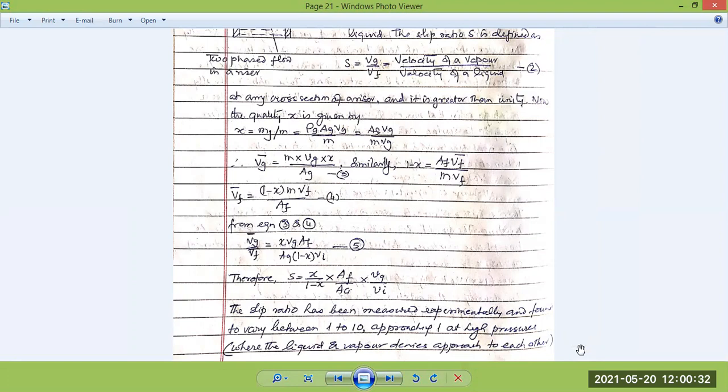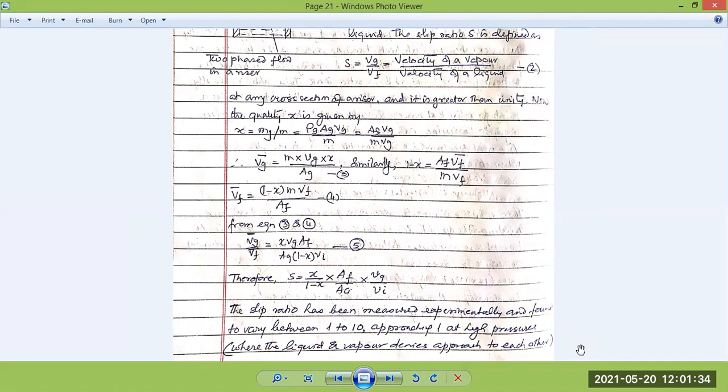So it is rho g into Vg into Ag, where Vg is the velocity of the gas and Ag is the cross-section area occupied by the gas, divided by m, and similarly for the liquid with Vf and Af. From equations 3 and 4, we get Vg by Vf is equal to x divided by 1 minus x into Af by Ag.